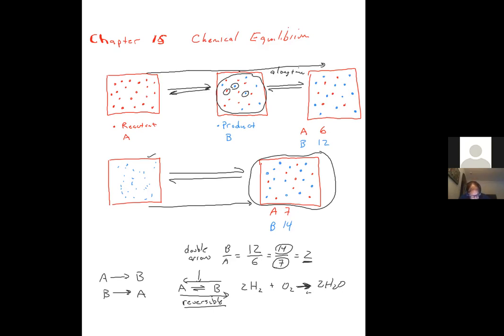In fact, if we go back to chapter 14 and consider our energy level diagram, our reaction diagram like that, this is generally written for the forward reaction. But there could be a reverse reaction. And the reverse reaction is going backwards like this, right? So that would be a reverse reaction.